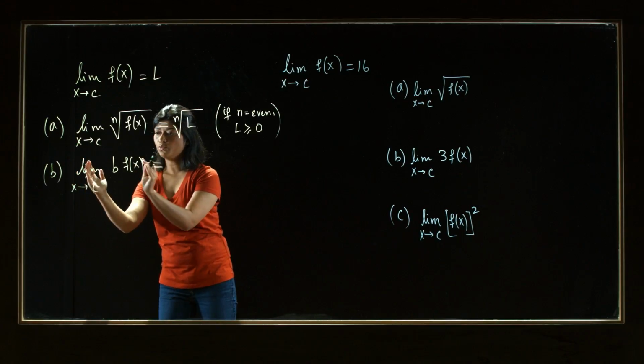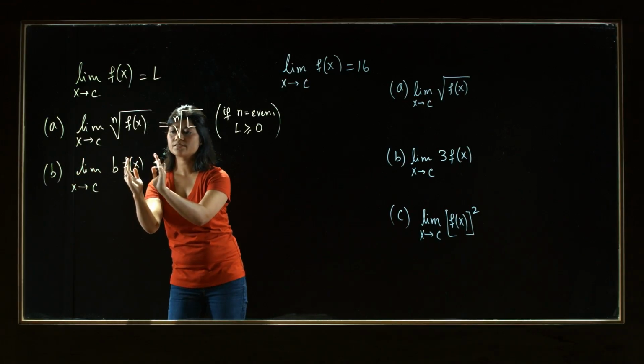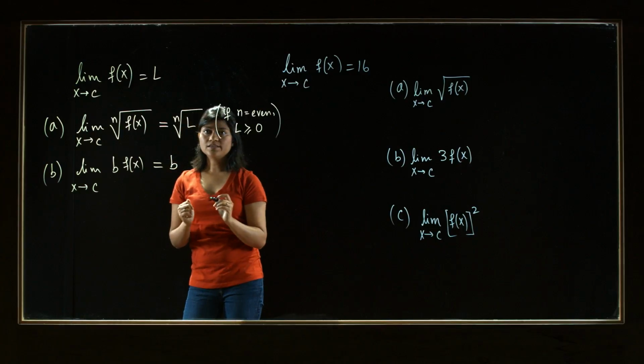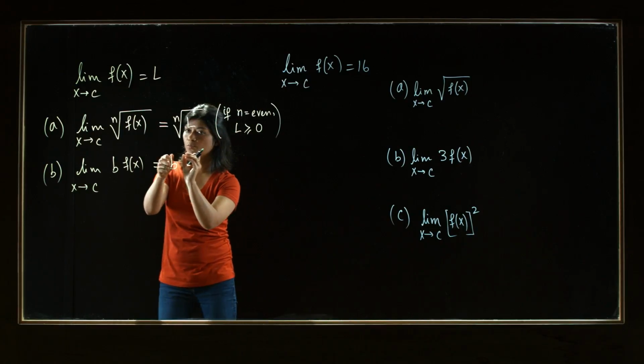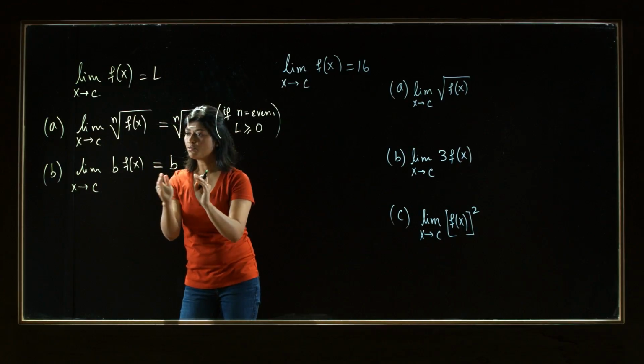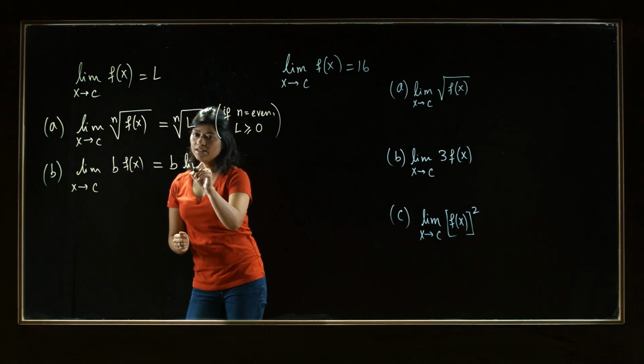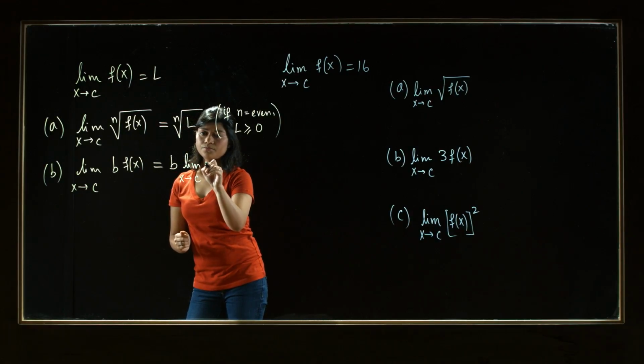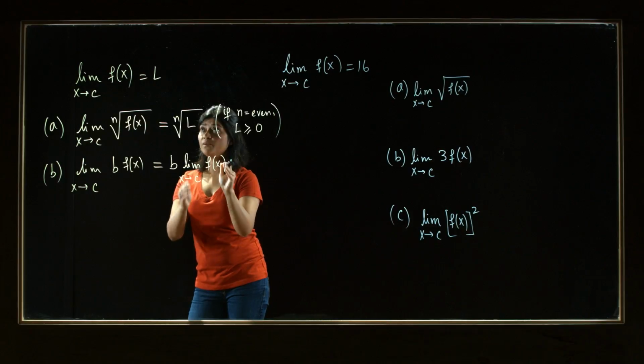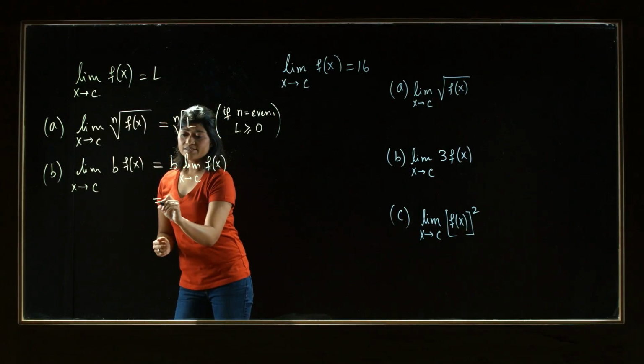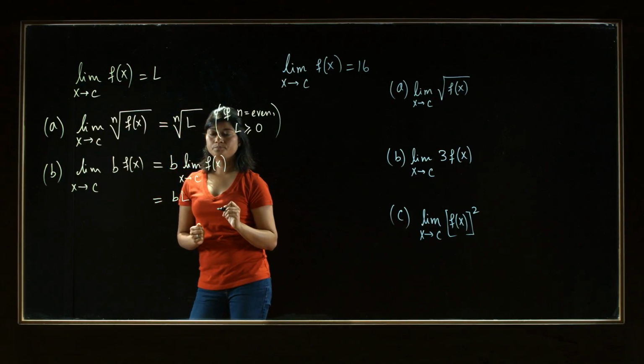And then we will only evaluate the limit of f(x). So this is a scalar multiple that we can pull outside. So this is equal to b times the limit of f(x). And the limit of f(x) is L. So the answer will be bL.